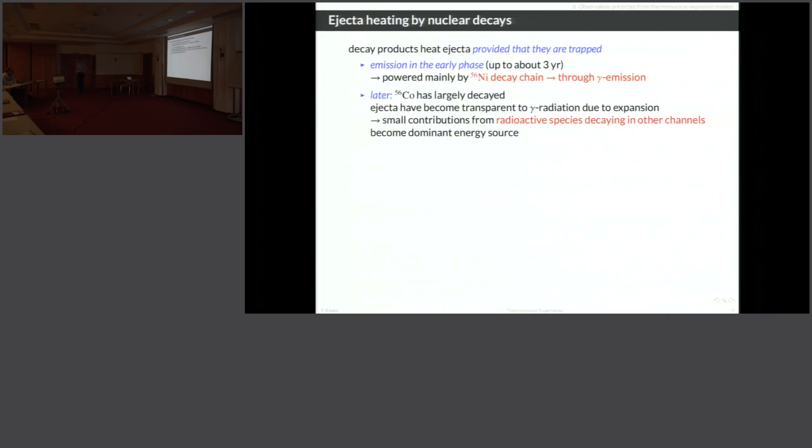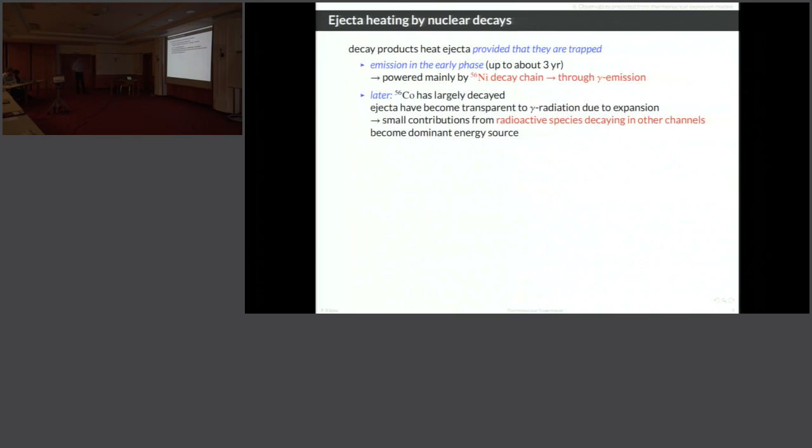Now, the decay products heat the ejecta, provided that they are still trapped in the dense ejecta material. So in the early phase, up to about 3 years after the explosion, the ejecta are still optically thick enough that they are powered mainly by the nickel decay chain through gamma emission.